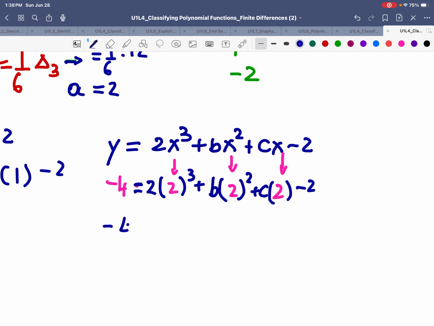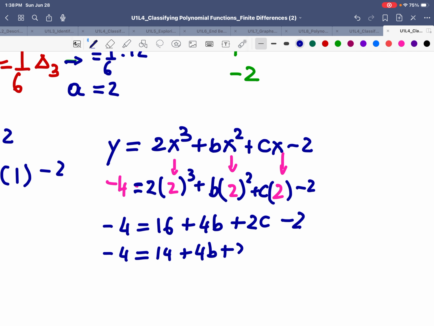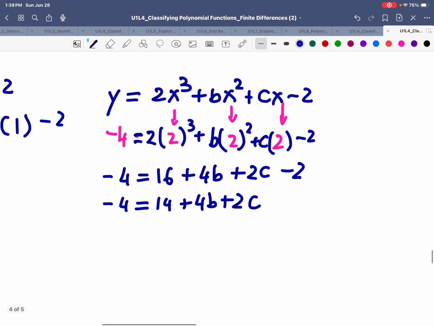So negative 4 equals 16 plus 4b plus 2c minus 2. So we have negative 4 equals 16 minus 2, which is 14, plus 4b plus 2c. Again, you can do this a lot faster. I just don't want to miss or lose anyone in the process of solving this. So we have negative 18, take 14 to the other side, equals 4b plus 2c.